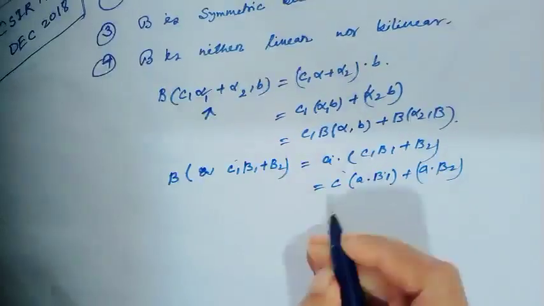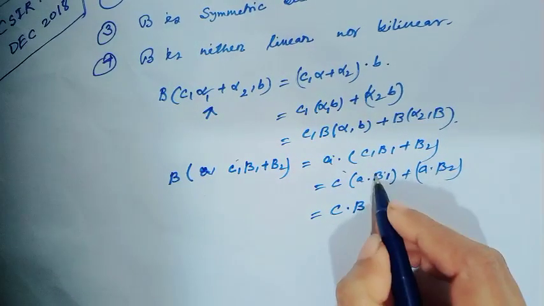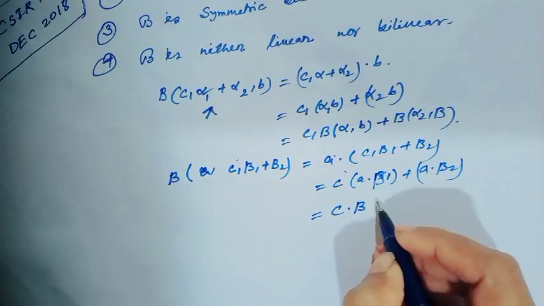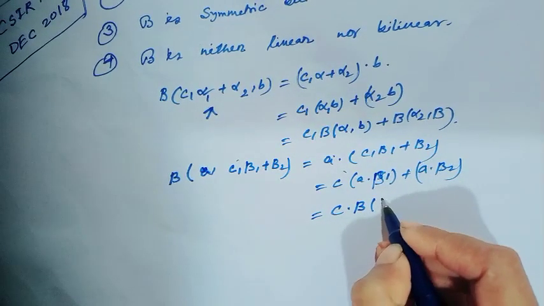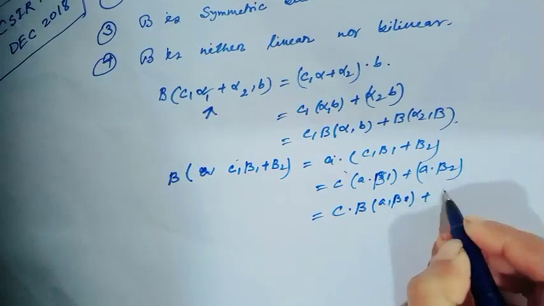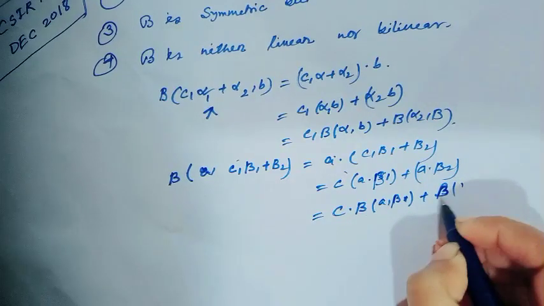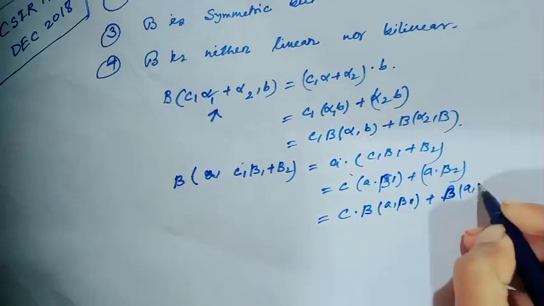Okay, and this is actually c times B of (a, beta1) plus B of (a, beta2).